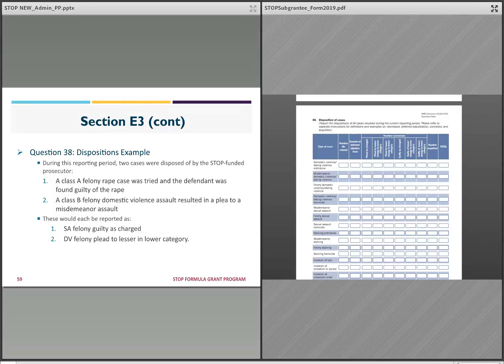So for example, if a prosecutor is trying a case that includes both misdemeanor and felony DV charges, and that case winds up being pled to the misdemeanor assault and the felony dropped, it should still be reported under domestic violence felony, but under the category pled to lesser charge in lower category.